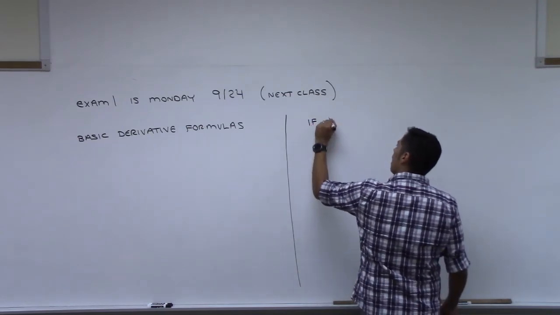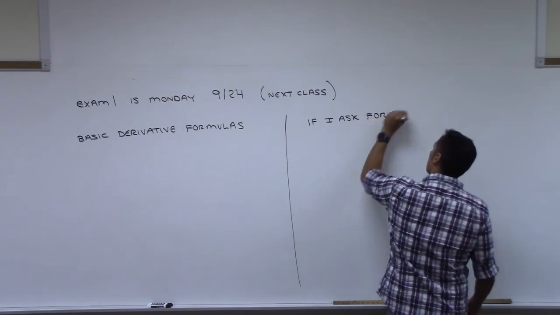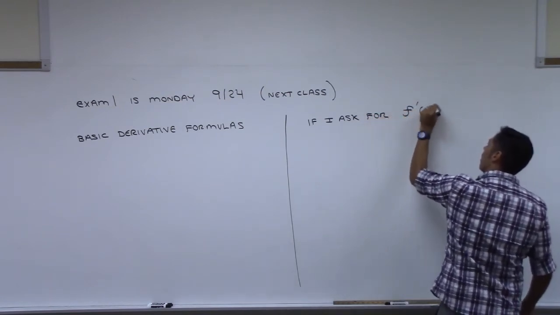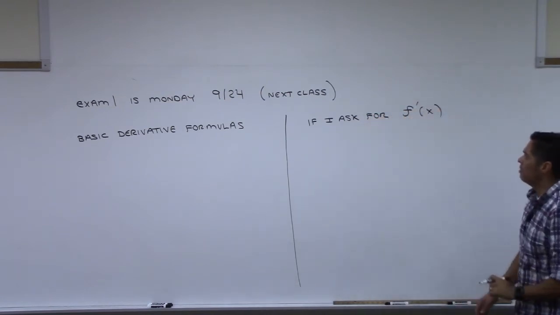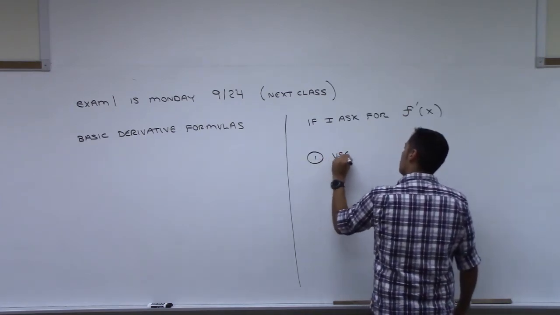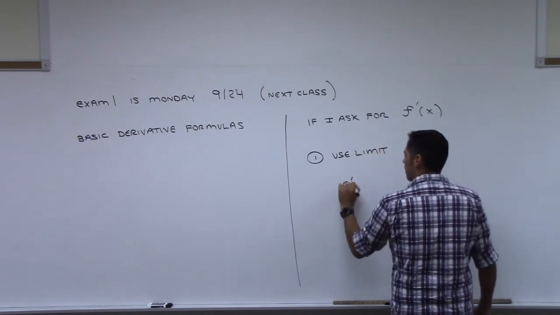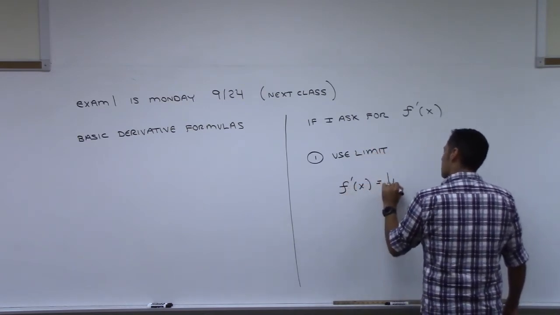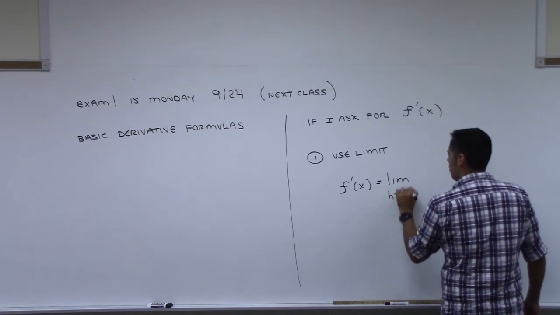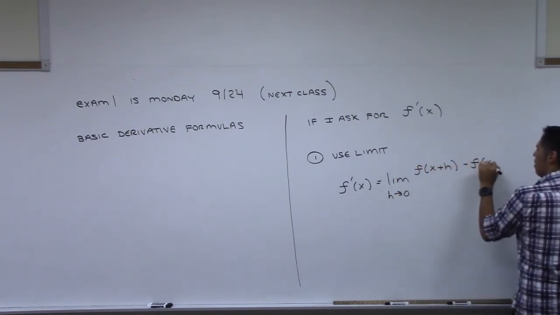If I ask for f prime of x, if I ask for the derivative of a function, we have one, use the limit, and that means you have to use this very nasty limit, h goes to 0, f of x plus h minus f of x all over h.